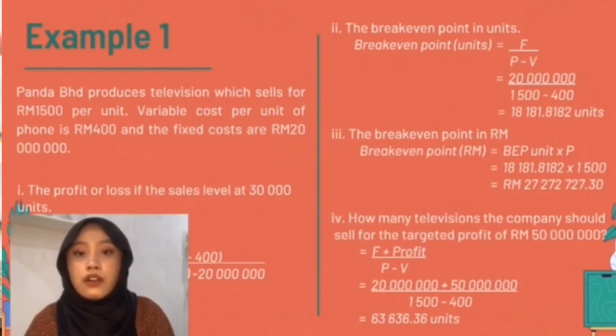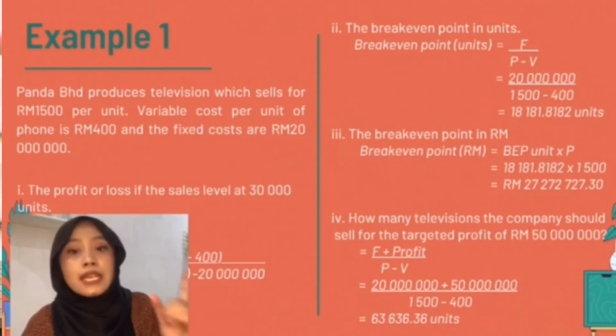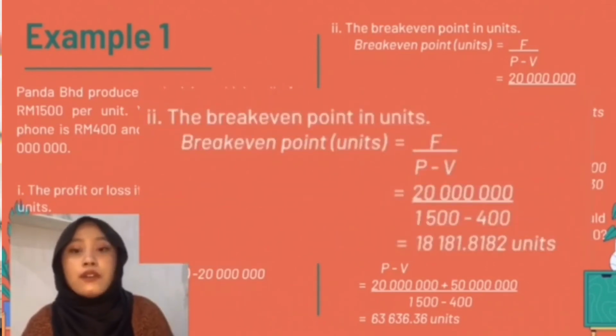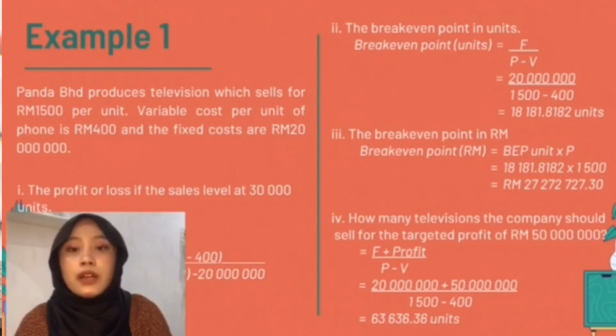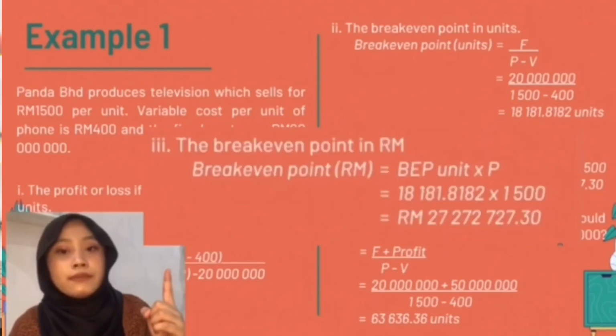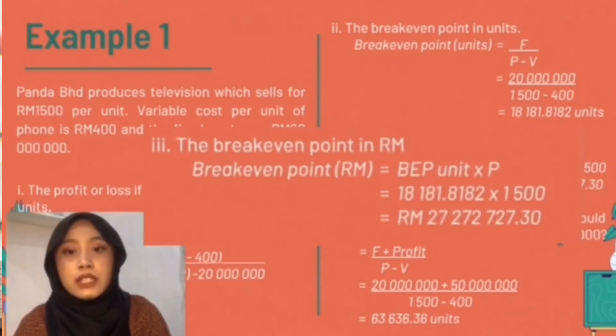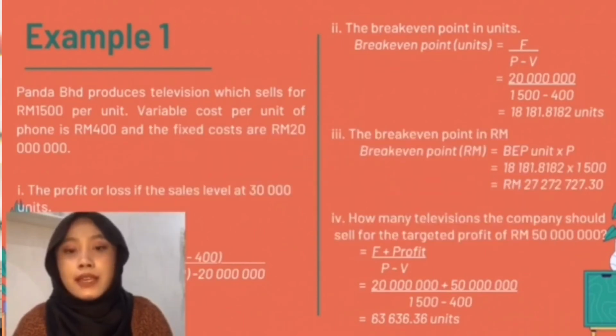Next, the calculation of break-even point in units. You will use this formula, and the answer is 18,181.8182 units. The third question is to calculate the break-even point in ringgit with this formula, and the answer is 27,272,727 ringgit and 30 cents.